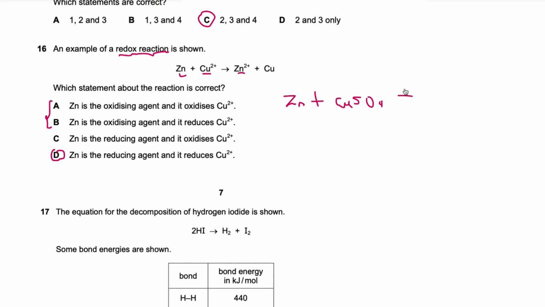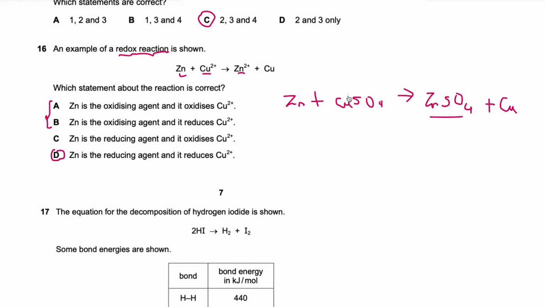to produce zinc sulfate, for example, plus copper solid, plus copper. Now this is a reducing agent. It will react with this one and become this one, right?